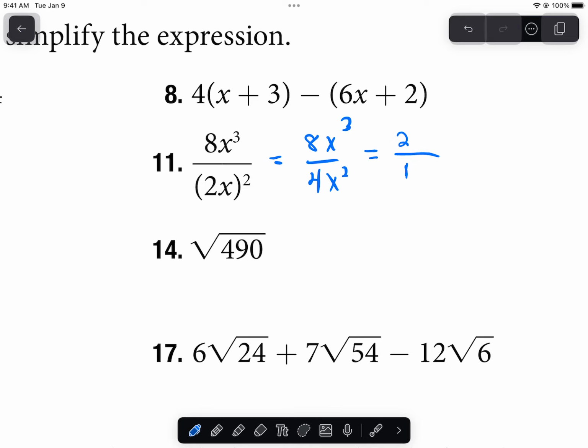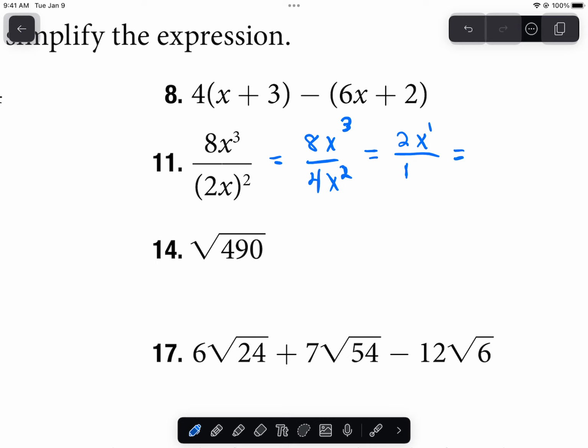The x squared and the x cubed, if you think about the rules of exponents, if the bases are alike and we're dividing, you keep the base and you subtract the exponents. So 3 minus 2 is 1. The x to the first is up at the top because we have an extra x in the numerator, not the denominator. This one happened so that everything of any importance in our denominator canceled out.